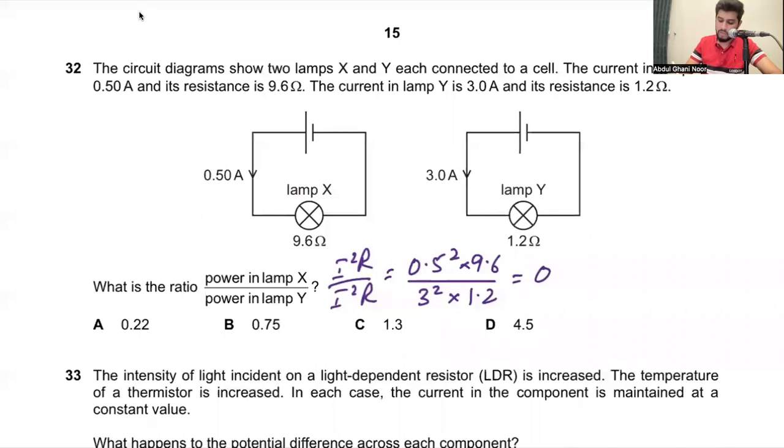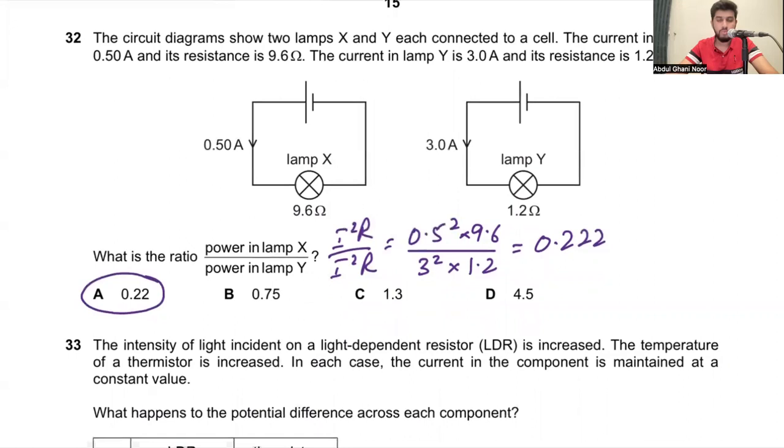And that gives you the answer as 0.222, which is option A. So the formula that we used is I squared R. The reason behind that is the current is given, the resistance is given. That is question 32.